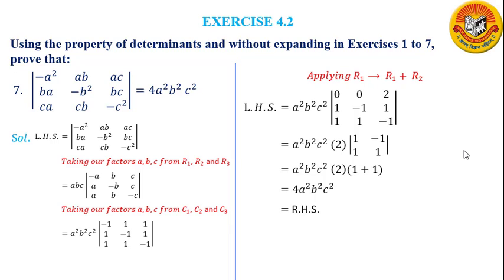Most of the time we will get the problem of proving using the properties of determinant. There are some examples given in your textbook. Now go through those examples and solve those examples. You can first see how the examples are solved. Here also you can see how I have solved.